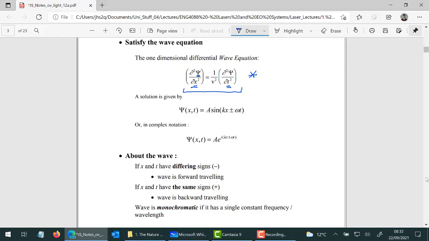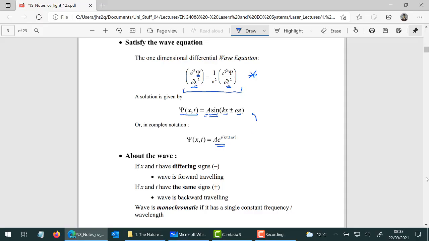Okay. So we have this equation for any collection of waves, and the easiest solution for that is again a harmonic wave, where the wave is described as some amplitude term times the sine of a spatial term, kx, and a temporal term, omega t. We can also write this in complex notation, so that we have A e to the i(kx plus or minus omega t).